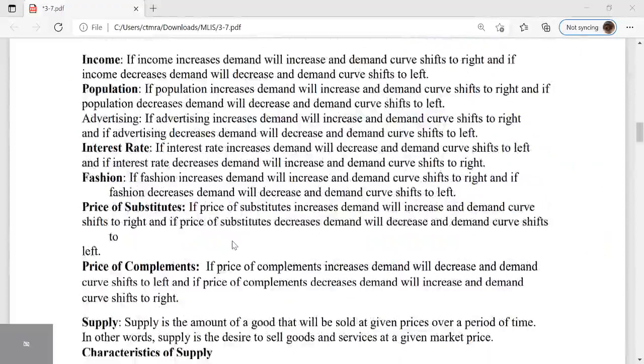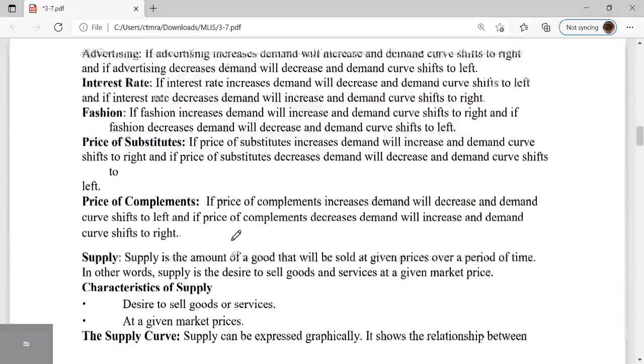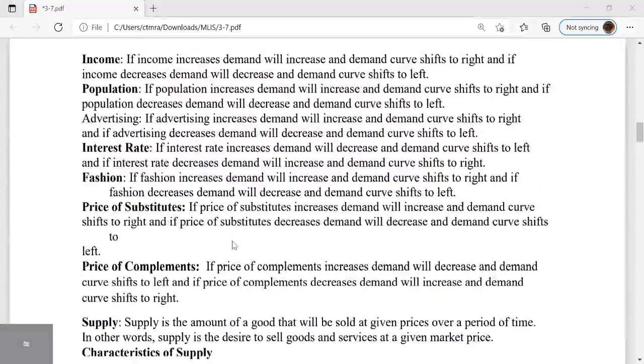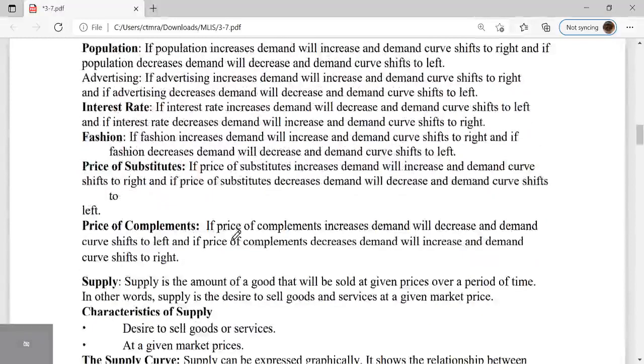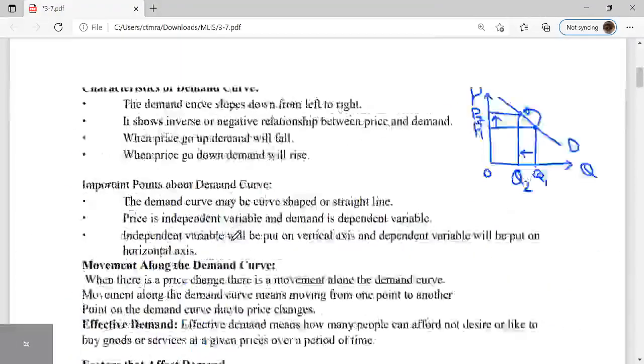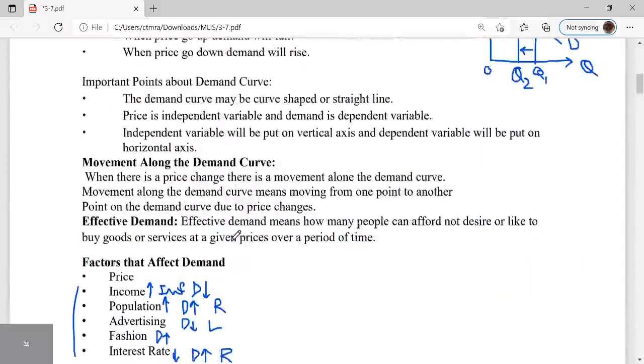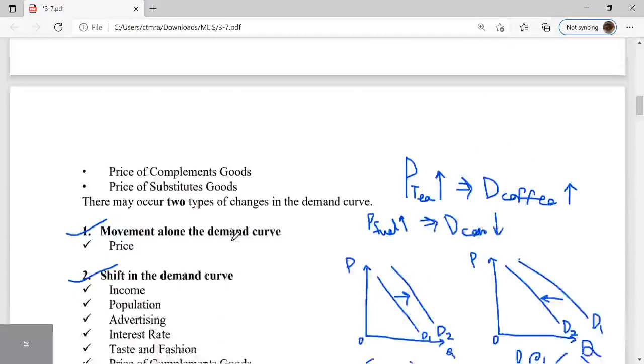So that's what we have from this chapter. We are not starting chapter 5 today because it's a different topic, supply. If you don't have any questions, then I will end the class today.